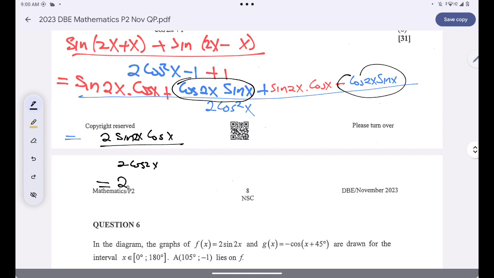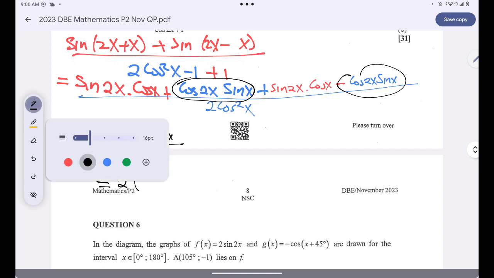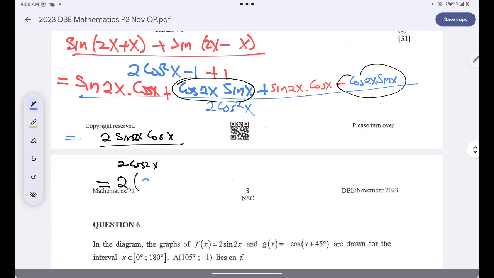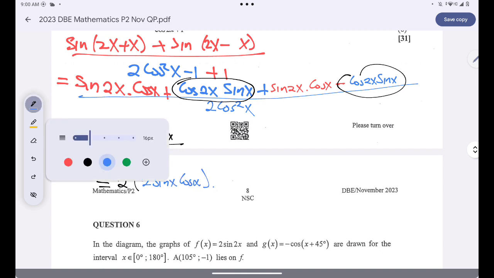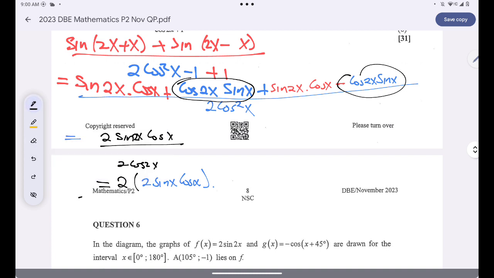The sine 2x, I know it can be written as 2 sine x cos x, multiplied by cos x, like this, still all over cos squared x.